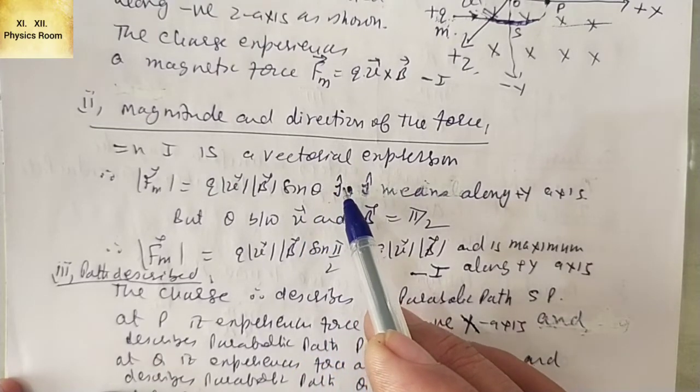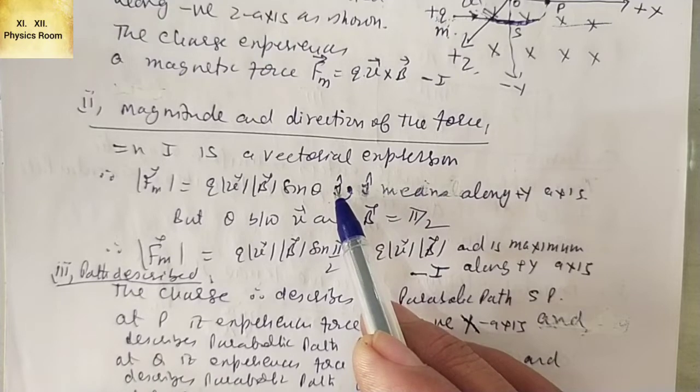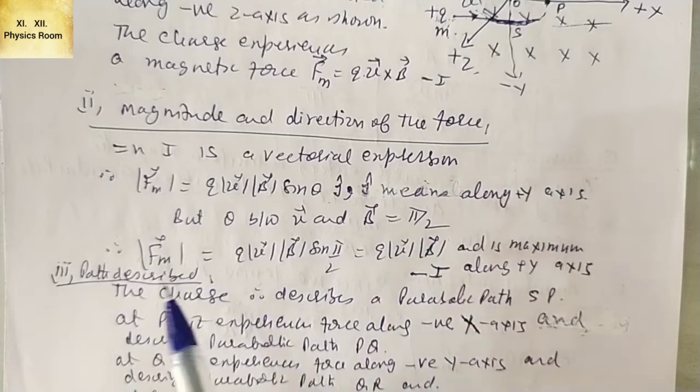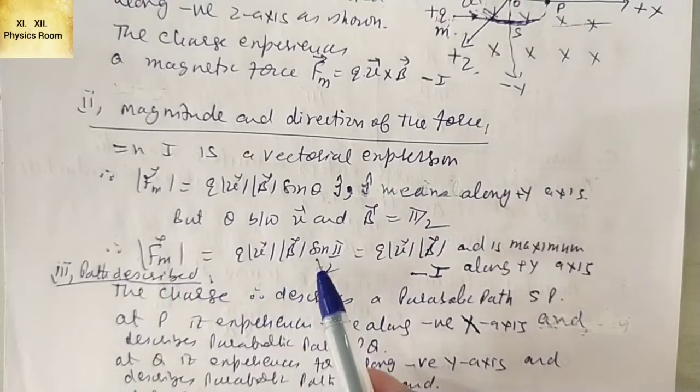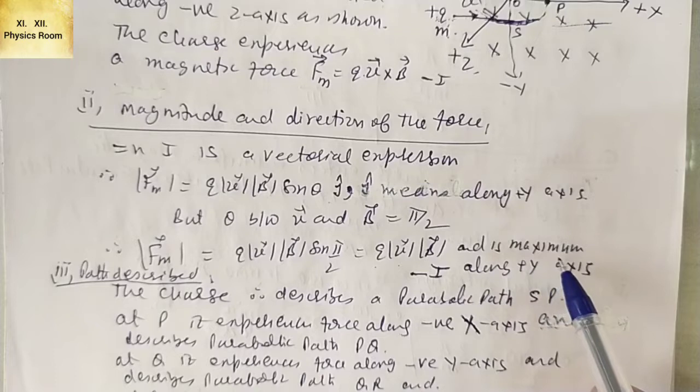The direction of the force will be along positive y-axis, since j cap means along positive y-axis. Now, theta between v and B is pi by 2. Therefore, magnitude Fm will be equal to q v B sin pi by 2, and sin pi by 2 is 1. So we have q mod v mod B, which is the maximum, and its direction is along positive y-axis.